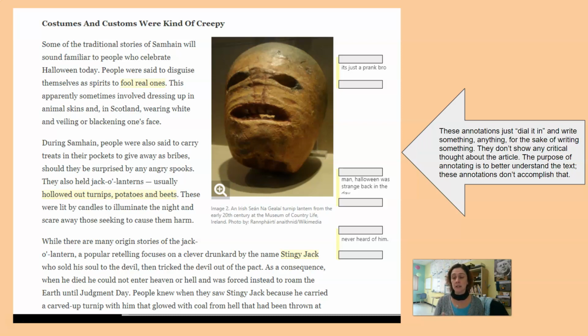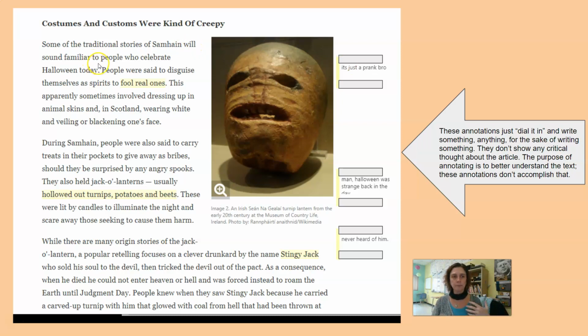Basically, they did it just to get it done. They don't really show any critical thinking at all. They have highlighted a couple of things that aren't even complete sentences, and over here their annotation is, "it's just a prank, bro." I don't understand what they're trying to say.